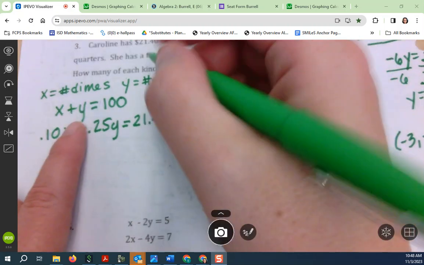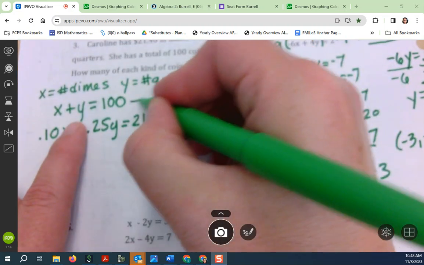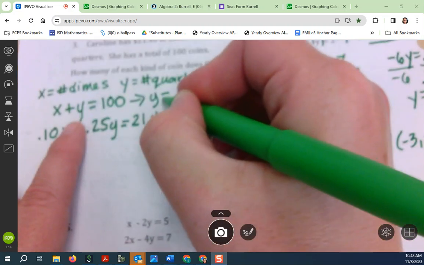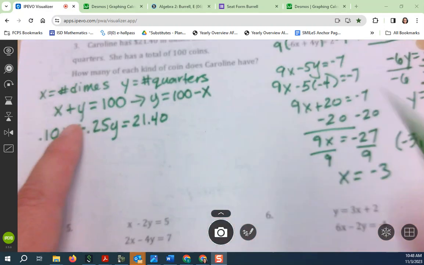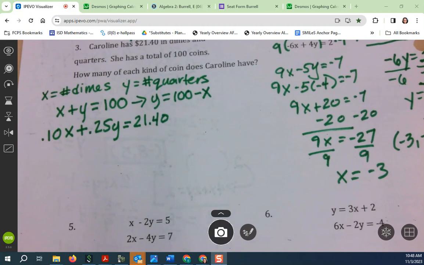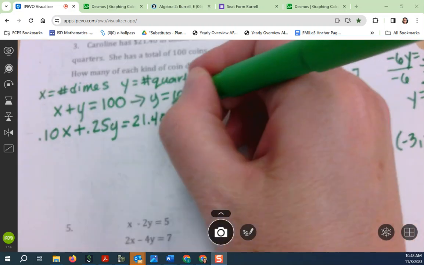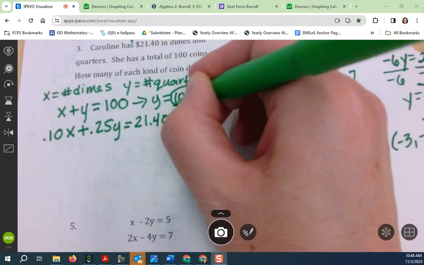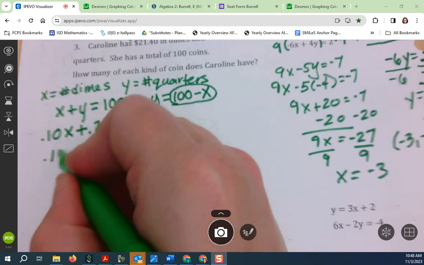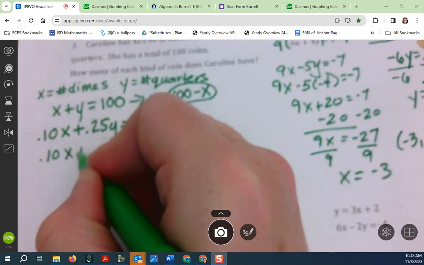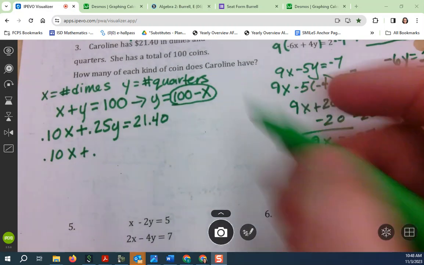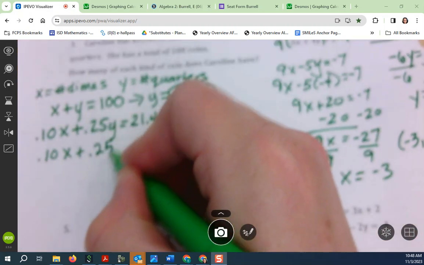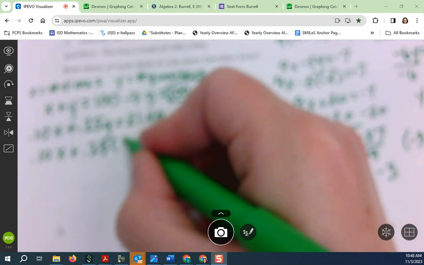So what I'm going to do is subtract x from both sides of this equation and get y equals 100 minus x. And then I can substitute that for the y in the second equation. Okay, so 25 cents, and then I'm going to put in the 100 minus x.